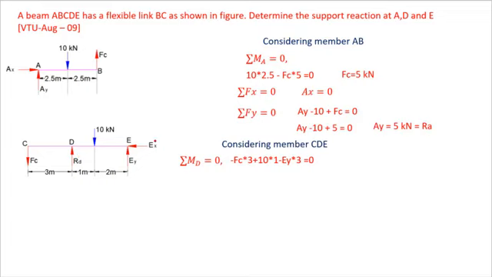Ex is passing through point D, so that is equal to 0. And Fc, you know, is 5 kilonewton. Substituting all and solving for Ey, you will get minus 1.667 kilonewton. That means Ey we have taken like this, but actually it is acting in reverse. My assumed direction is reversed since I got a minus here.